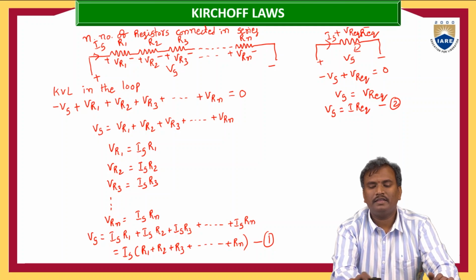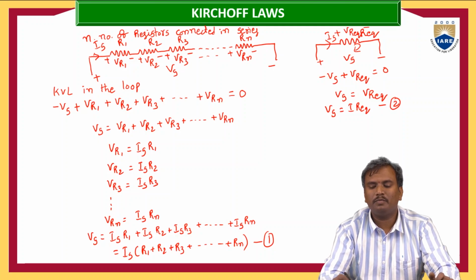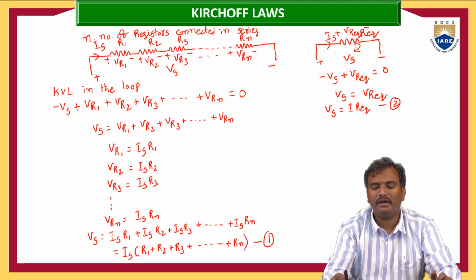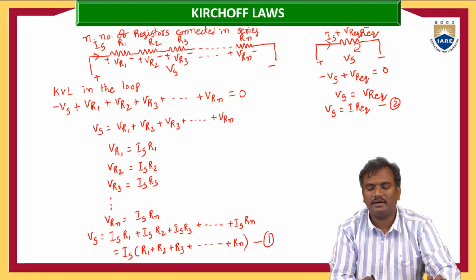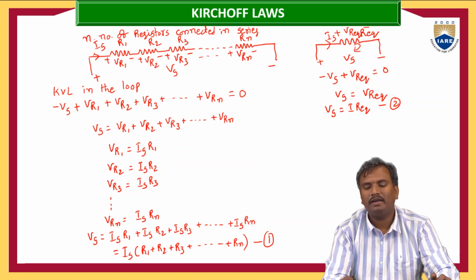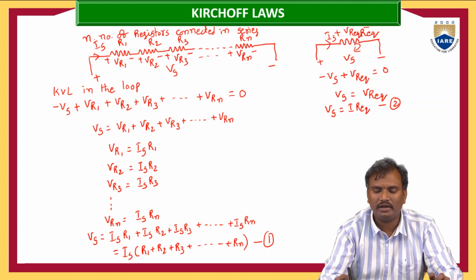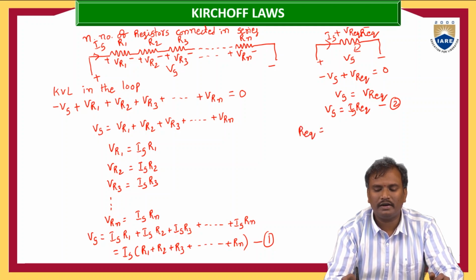If we are making these two circuits equal, then these two equations should be equal. If we compare equations 1 and 2, that is Vs is equal to Is into (R1 plus R2 plus R3, and so on, Rn), and here Vs is equal to I into R equivalent. Vs and Is are both the same. So from this we can write R equivalent is equal to R1 plus R2 plus R3, and so on, Rn.